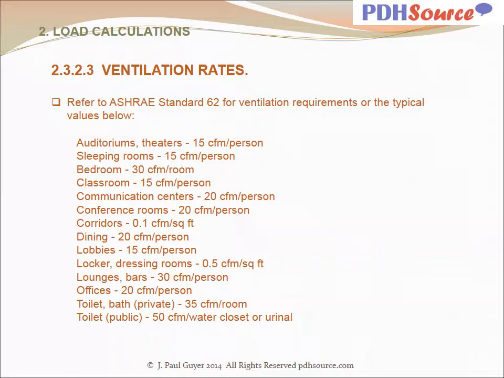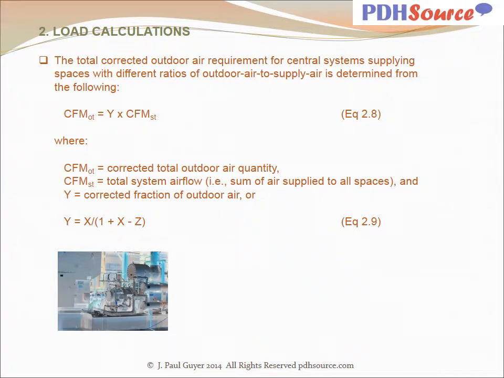So you see that in a bedroom, you would allow for 30 CFM per room for ventilation air to be brought in from the outside. For dining areas, 20 CFM per person, offices, 20 CFM per person, corridors 0.1 CFM per square foot, and so on and so forth. And so you would calculate the ventilation air that you need to bring into the building using these kind of guidelines.